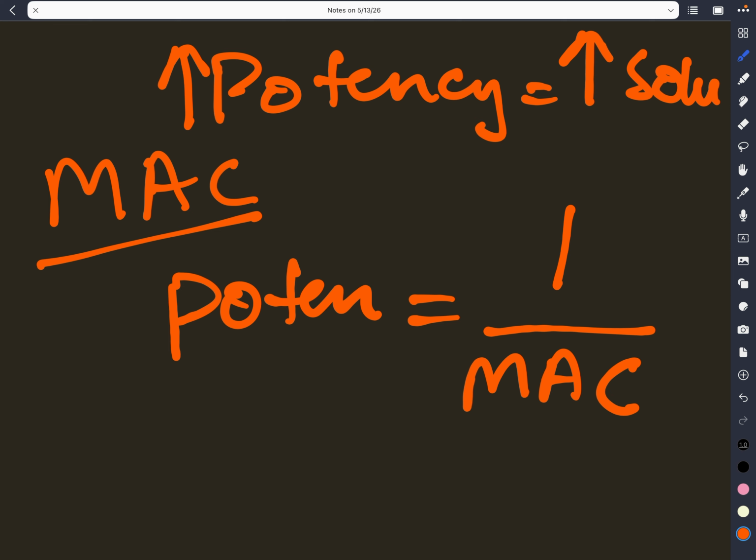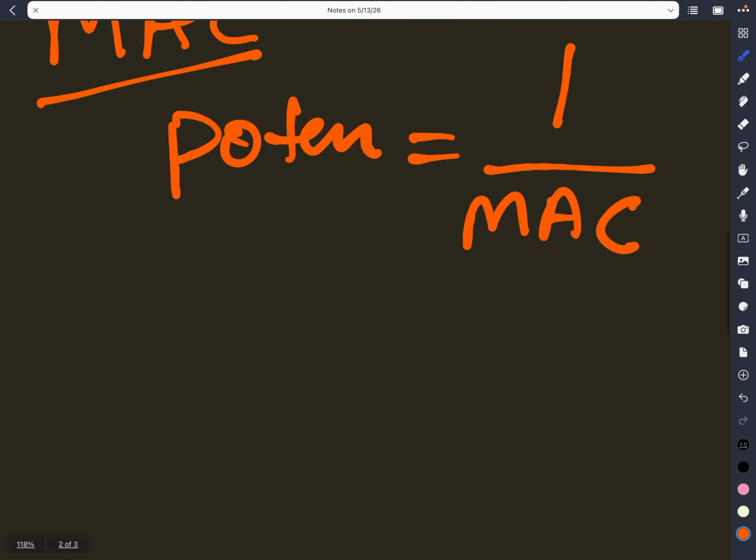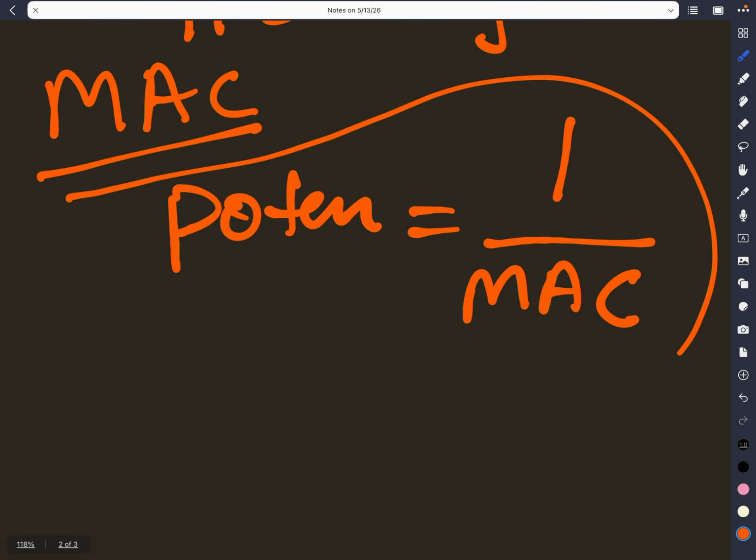So you need high MAC and low potency, and you achieve that with drugs like N2O. N2O has decreased solubility, which means rapid induction and recovery times. So this is a main concept right here, potency and MAC.